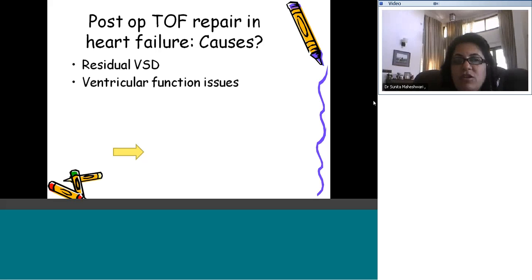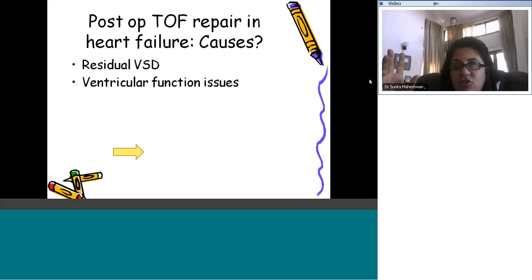Now he comes off, his tetralogy of Fallot is repaired, and we are saying he got heart failure from his MAPCA. In my experience of 18 years in the ICU, that is very, very unusual. So what you can do, you document beforehand if there are collaterals or not. If you had a very large collateral, you would have embolized it before.